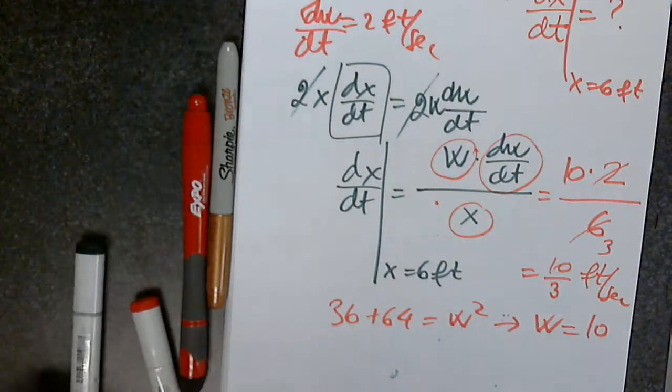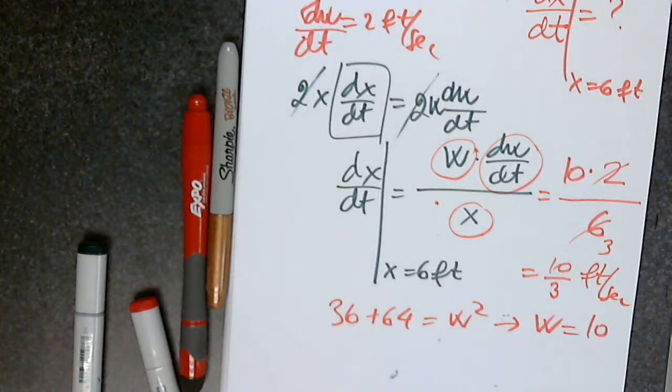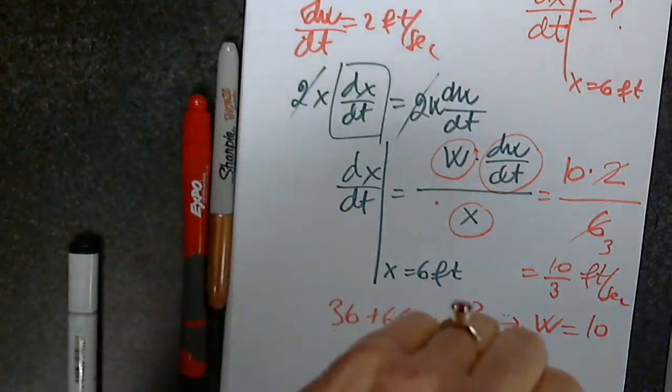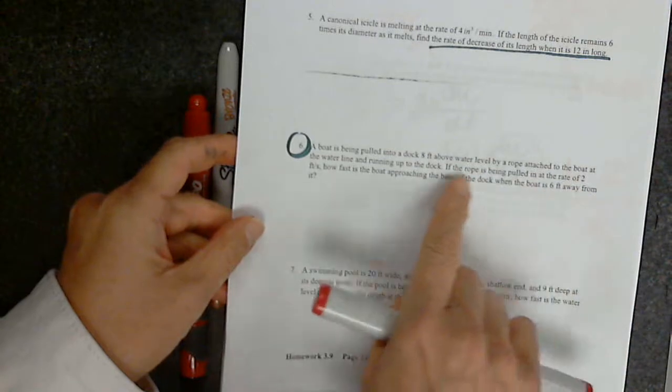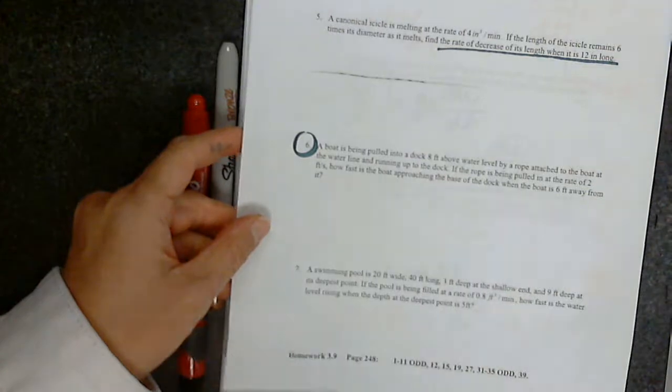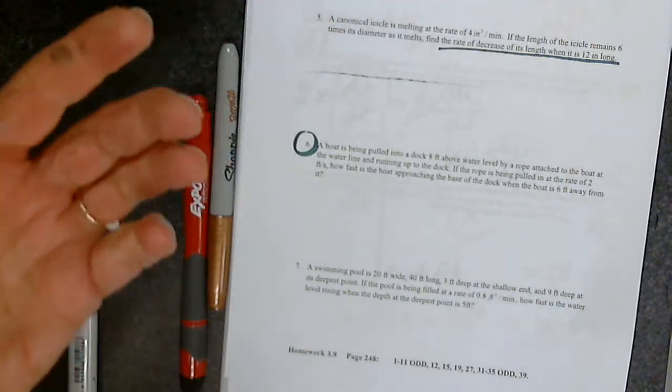So here's a scenario one more time. I pull the boat, and I pull it at 2 feet per second. This rope changes its length at 2 feet per second. And this should be negative, it should be indicated here, because the rate of change is negative since the rope becomes smaller and smaller.